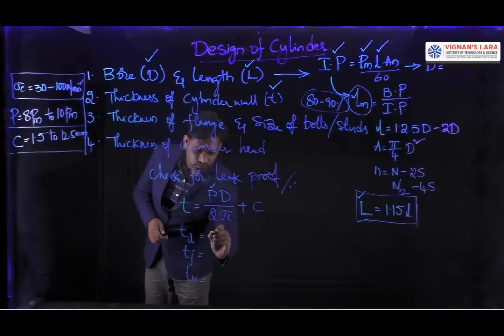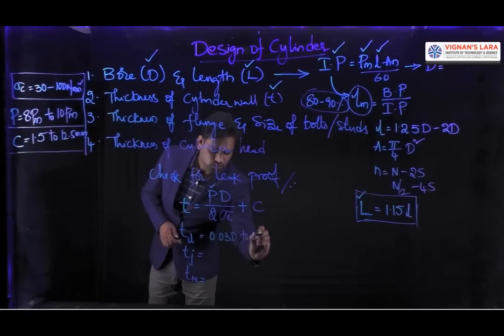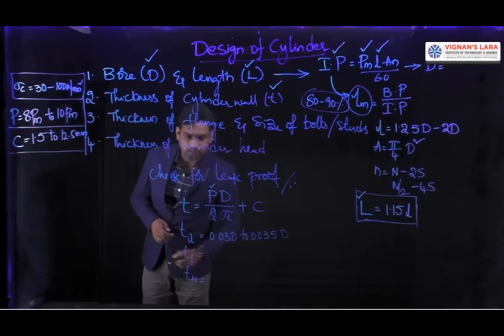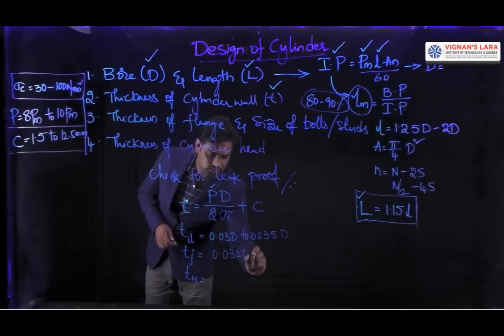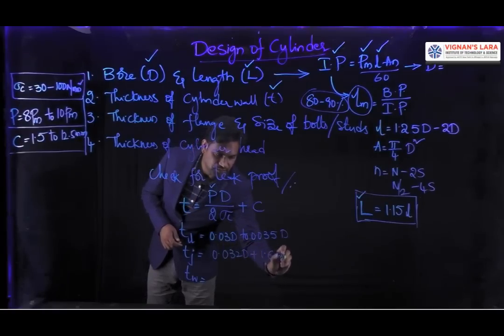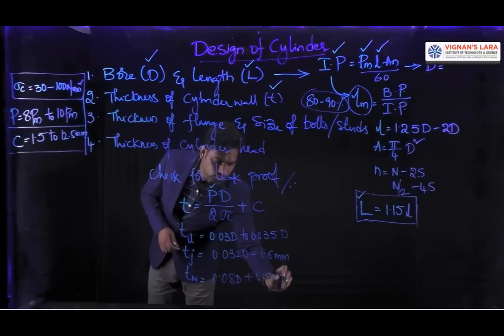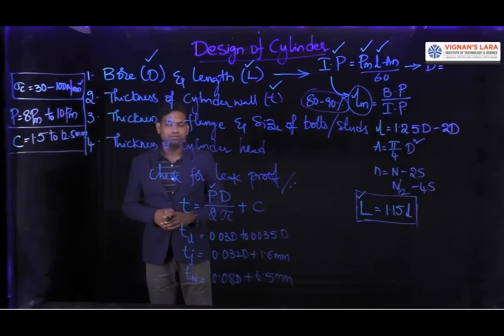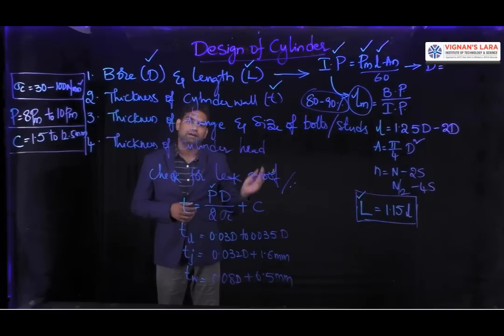The thickness of the liner is calculated by 0.03 times D to 0.035 times D. The thickness of the jacket is calculated by 0.032 D plus 1.6 mm, and the thickness of the water space is calculated by 0.08 D plus 6.5 mm. Using these empirical relations, we can calculate the thickness of the liner, the thickness of the water jacket, and finally the thickness of the water space.